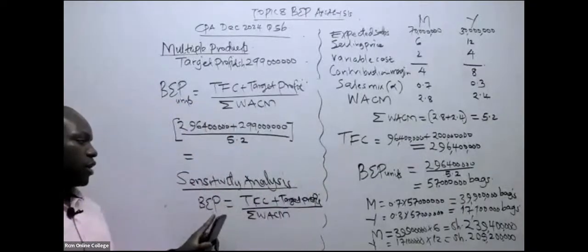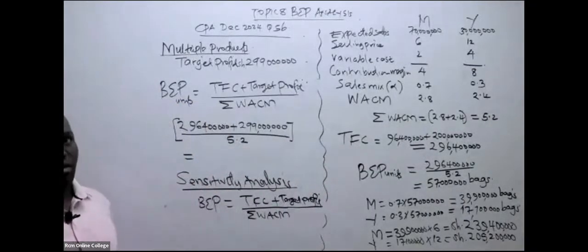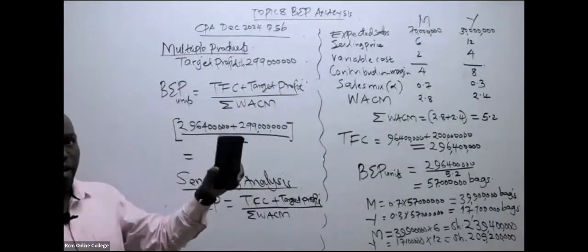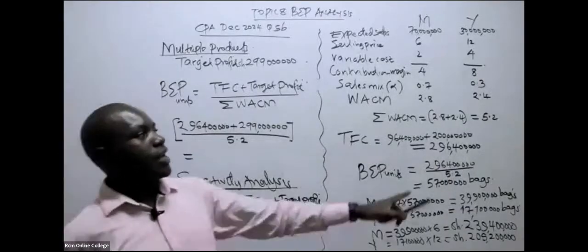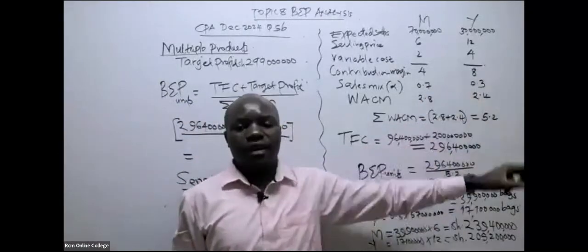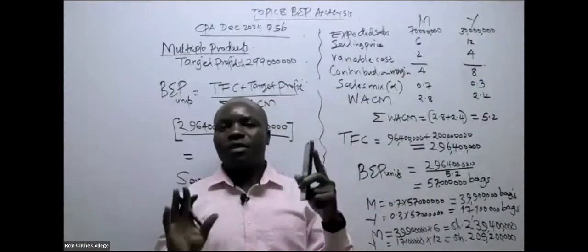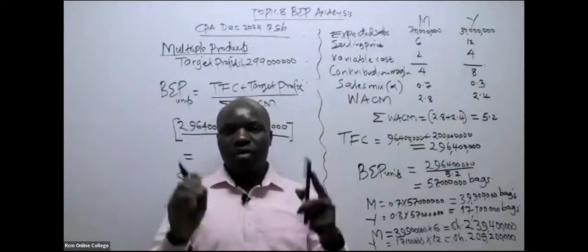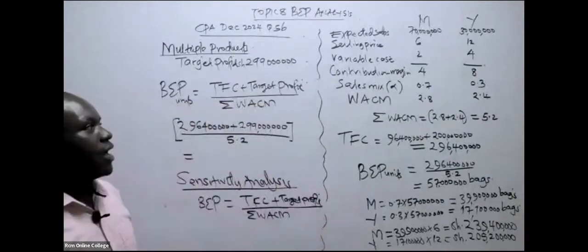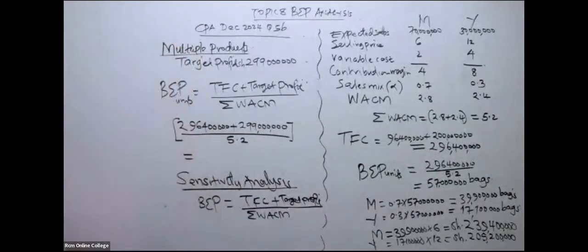What will happen to my break-even point? Number two, what if I keep everything constant, but now the denominator is affected by introducing a different sales mix ratio? What will I have as the break-even point? So changing one item at a time is what we call sensitivity analysis under this topic.